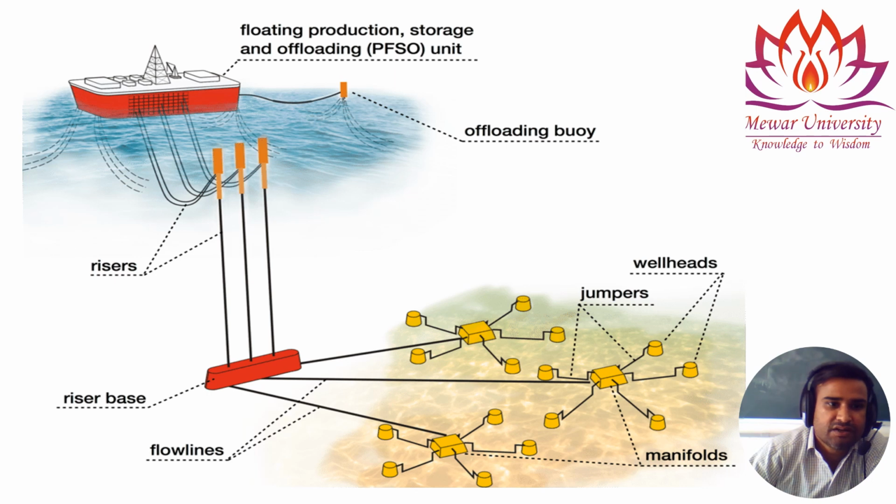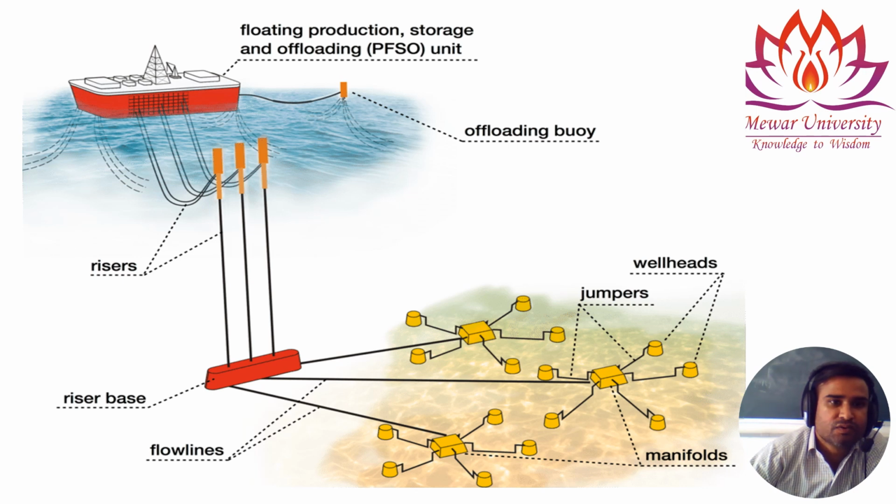So each manifold is connected to the riser base. This is a riser base. So the riser base is lifting the subsurface fluid to the top, and from this, using the pipes, it is being moved to the floating production, storage and offloading vessel.